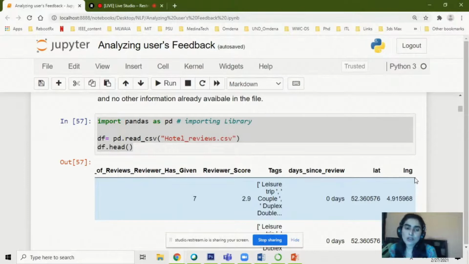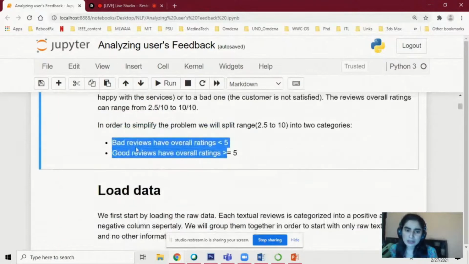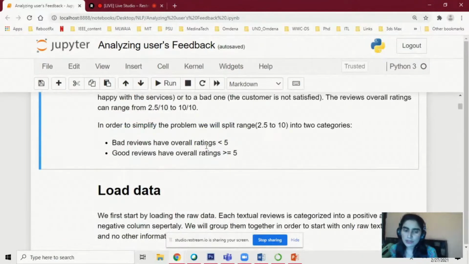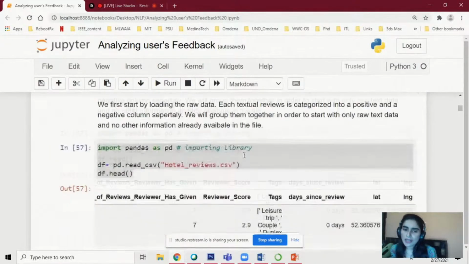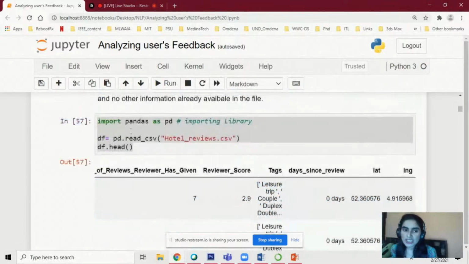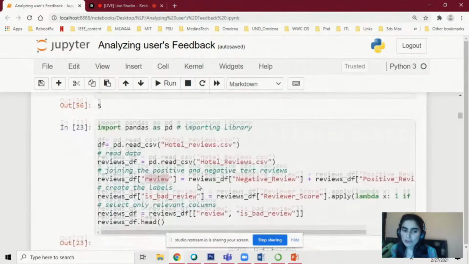So how do we label a dataset? The first method is to do that manually, by reading the review and then adding whether it is positive or negative. The other could be this method: if the rating is less than 5, add 0. If the rating is greater than 5, add 1. I am using this method just to save time.